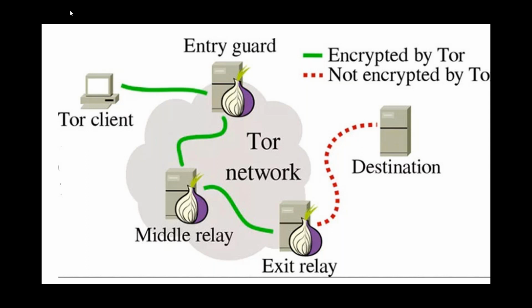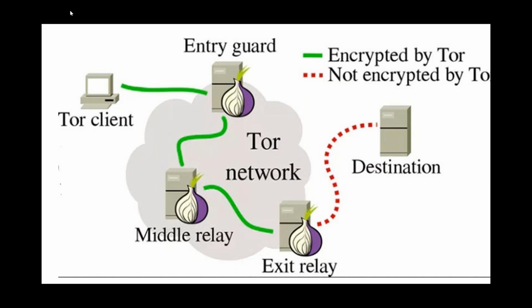As you see in the figure, there are 3 nodes: node 1, node 2, node 3. The entry is called the Tor guard. Next is called the middle relay. Next you get the exit relay, and then it goes to the destination. How does it work? The core principle of Tor is onion routing. I'll explain how it works.